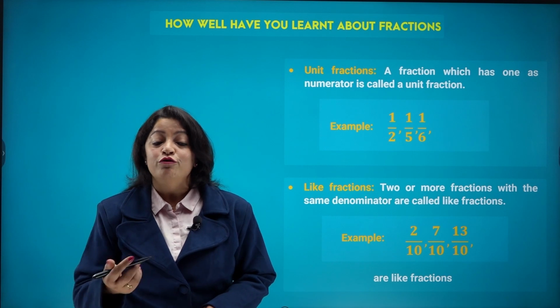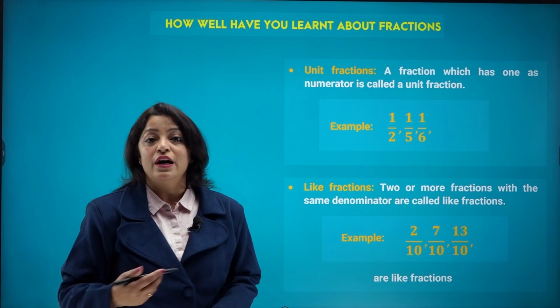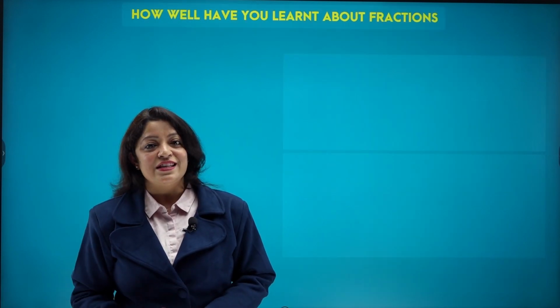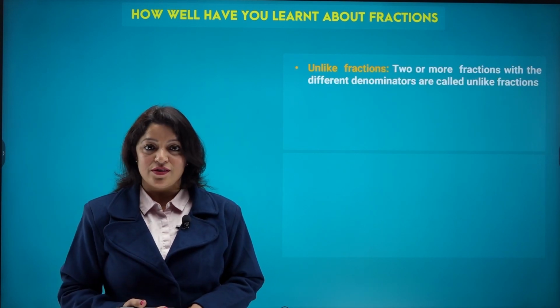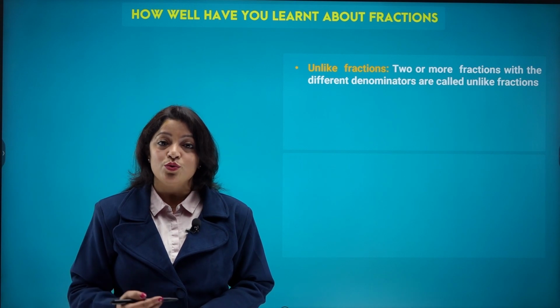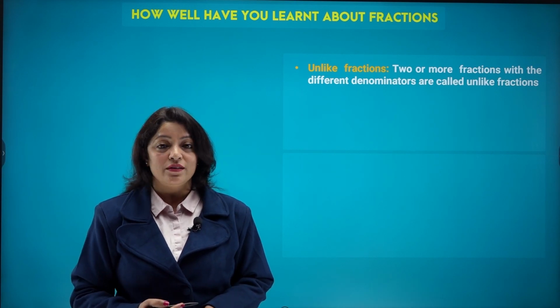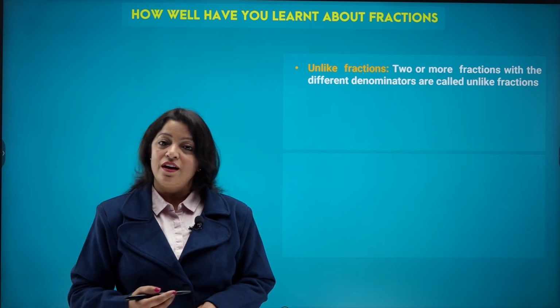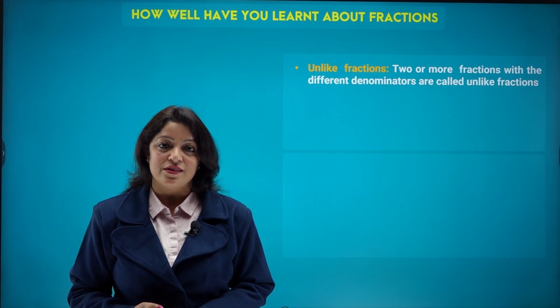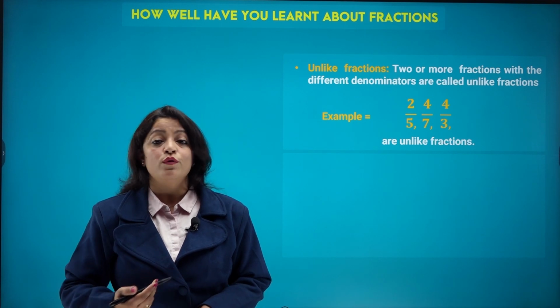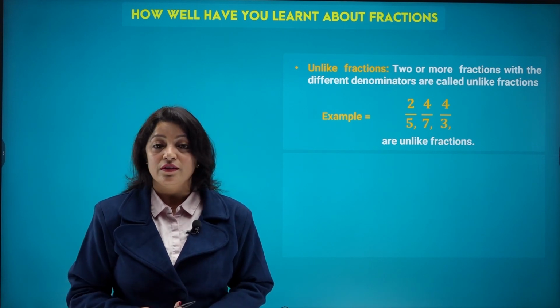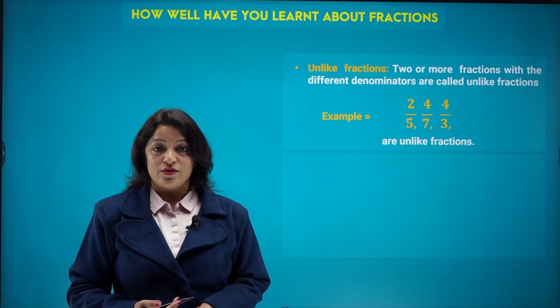Now, what if the denominators are not the same? Then yes, you are right. We'll call them unlike fractions. That means 2 or more fractions with different denominators are called unlike fractions. For example, 2 over 5, 4 over 7, 4 over 3, they all are unlike fractions.